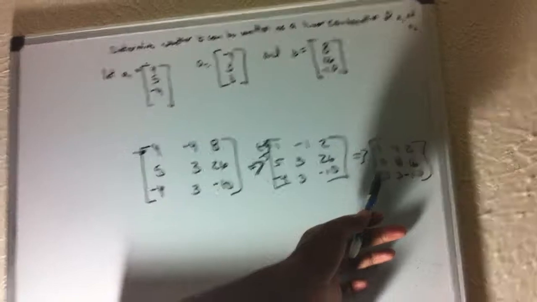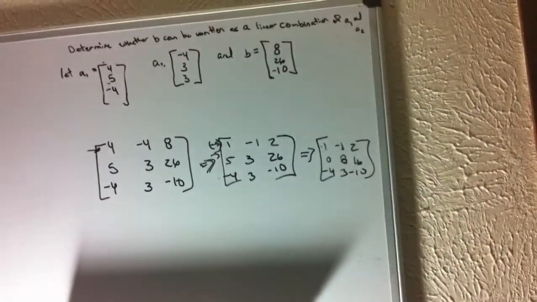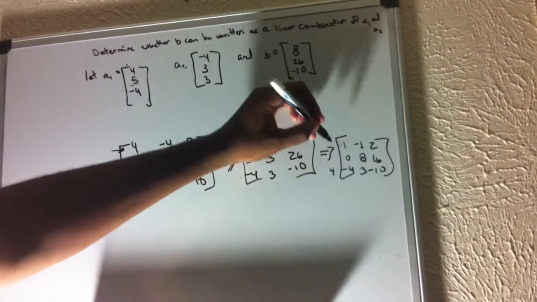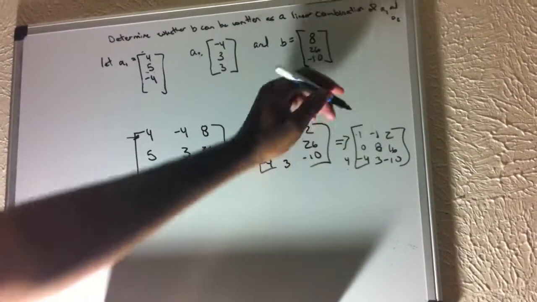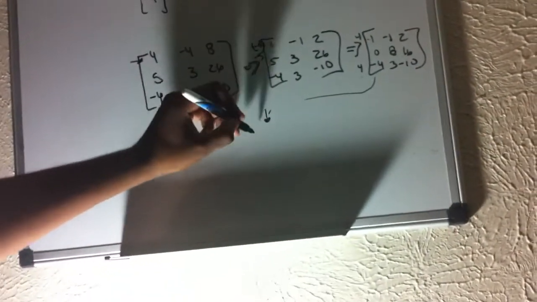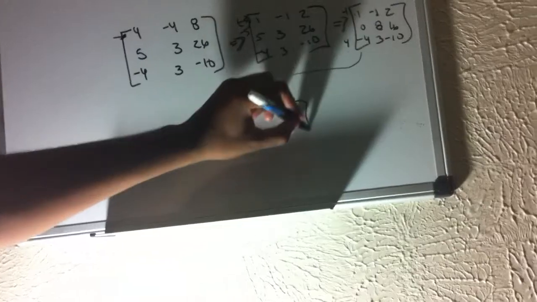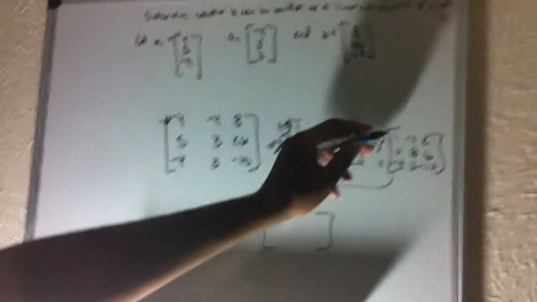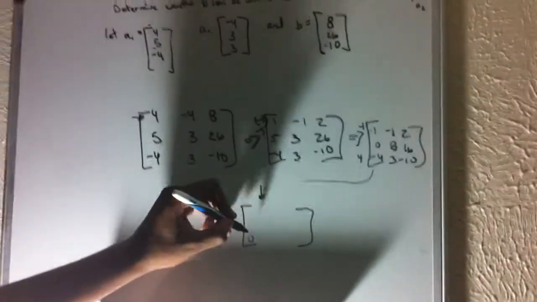So now we're gonna row reduce again. +4 on the bottom row goes to the top row. And then I'm going to bring my work right here. So 4 times 1 is 4, -4 will give us 0.